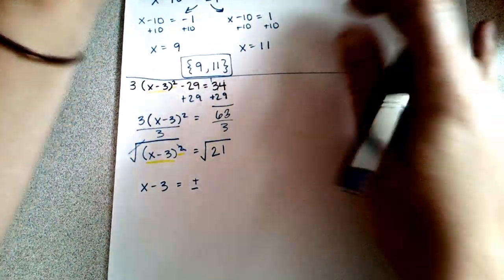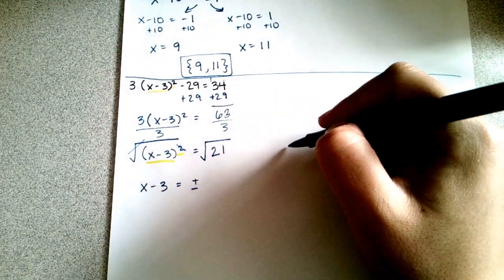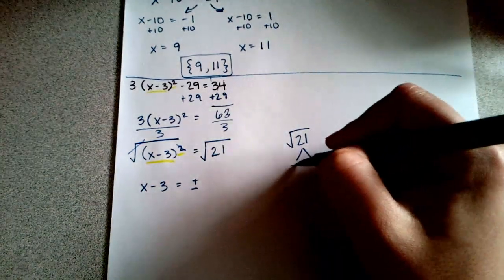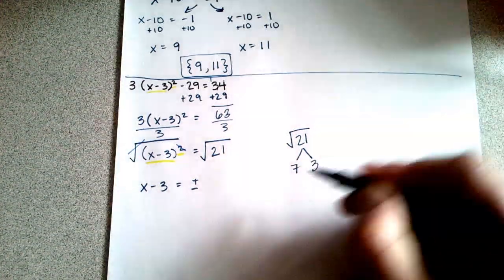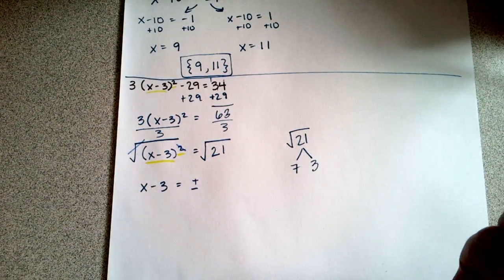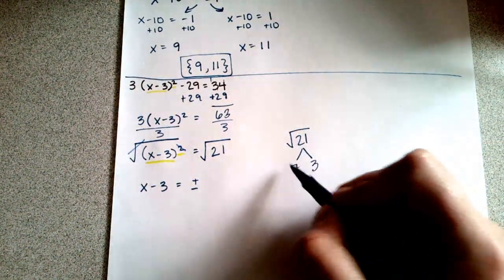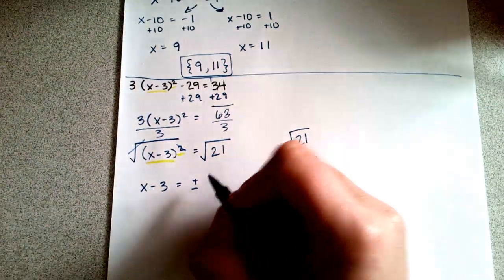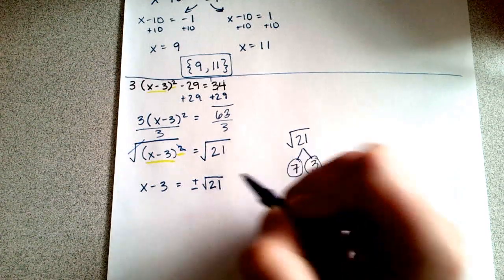If you're not sure if you can simplify the square root of 21, remember back in our square root unit, we made factor trees and looked for factor pairs. 7 and 3 are the only factors of 21, other than 1 and 21, and each of those are prime. There's no pairs. We can't simplify it, so we just leave it as the square root of 21.